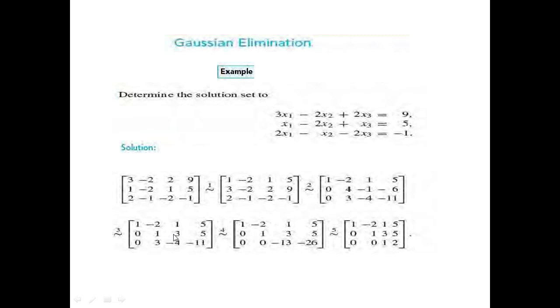That gives 0, minus 3, minus 9, minus 15. Adding it to row number 3, minus 3 plus 3 equals 0, minus 9 minus 4 equals minus 13, and similarly minus 15 minus 11 equals minus 26, right?